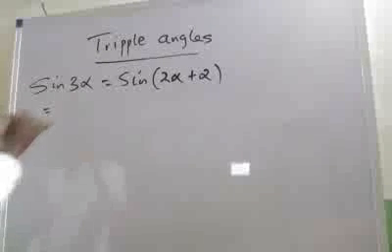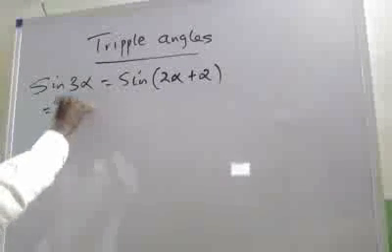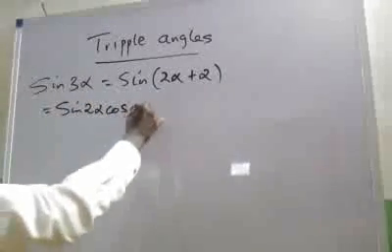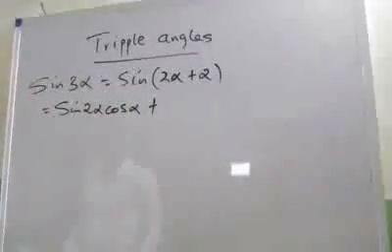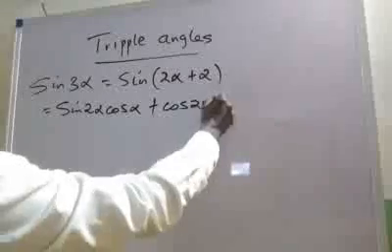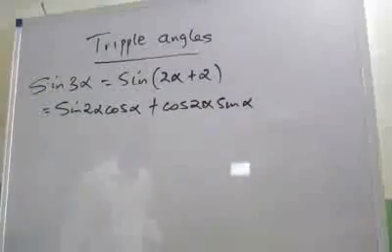By the sine addition formula, that will be sine 2 alpha cos alpha plus cos 2 alpha sine alpha.